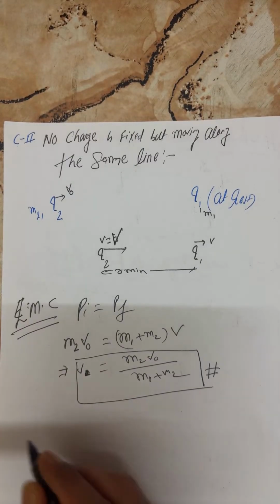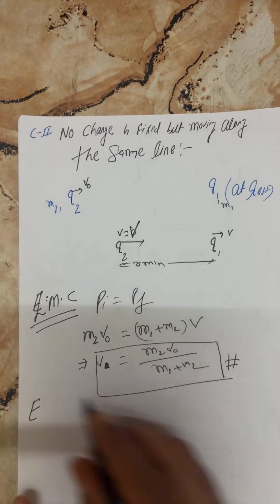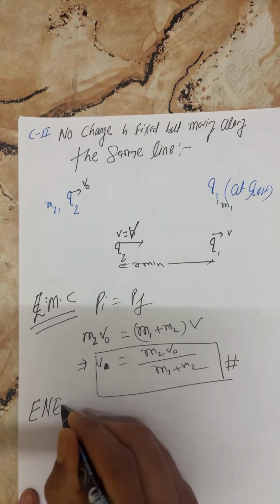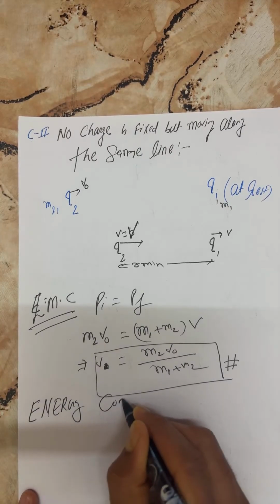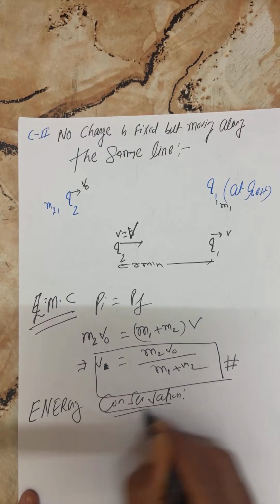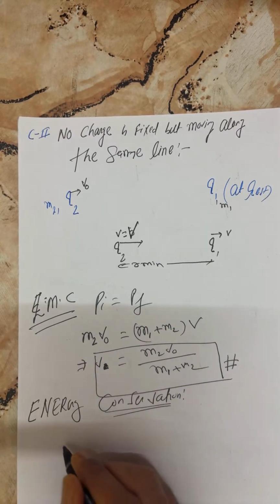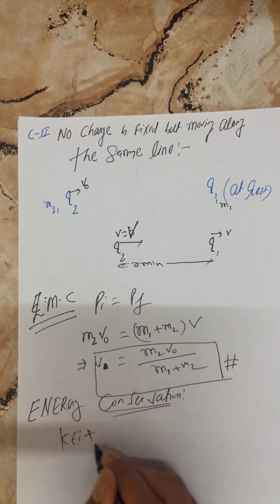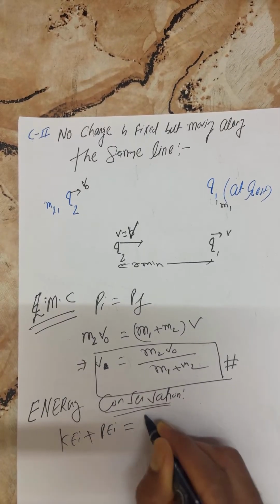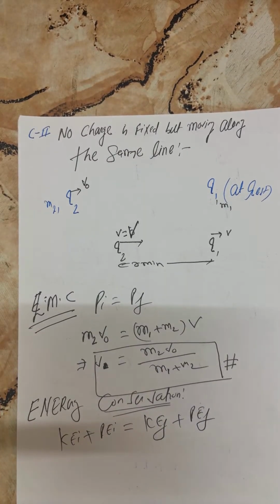Now I'm going to apply energy conservation. We have only conservative forces, so kinetic energy initial plus potential energy initial equals kinetic energy final plus potential energy final.